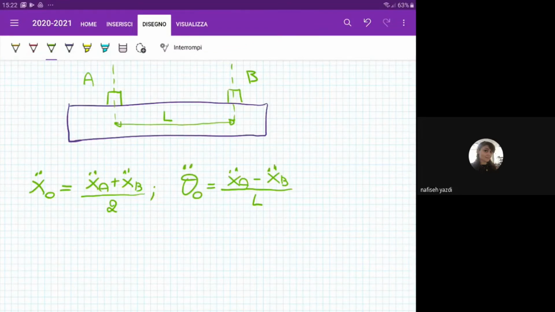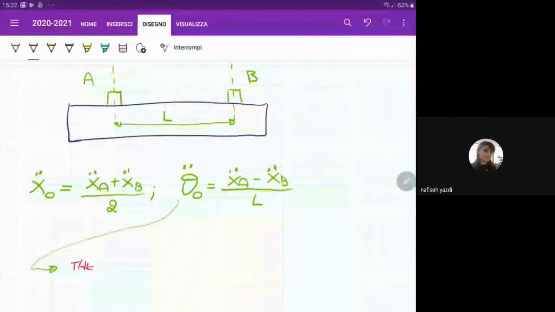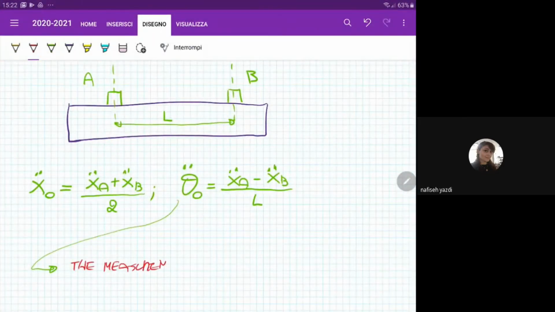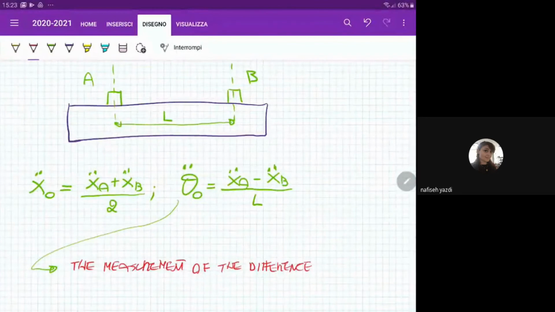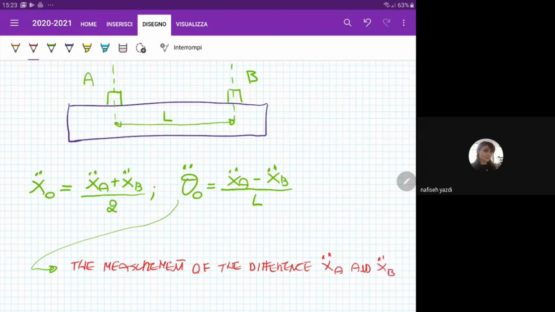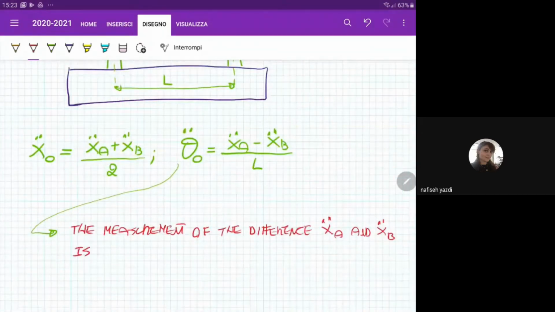Now, what's the point on that? In order to measure the angular acceleration, theta 0 double dot, the measurement of the difference between xA double dot and xB double dot is required, as we can see from the very nice formula.